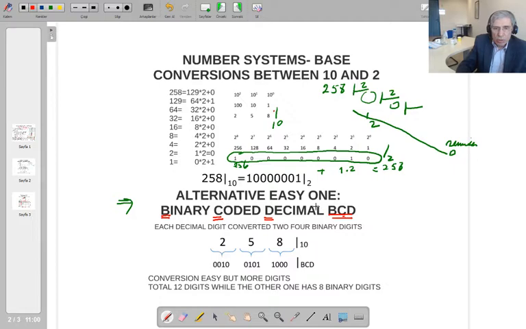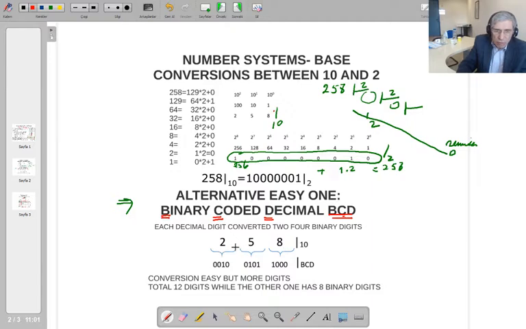So what is this coding? In a decimal number, any decimal number has digits in it. These digits are going to be represented in binary with 4 bits. If you represent each digit separately as 4 bits, you end up with BCD coding.